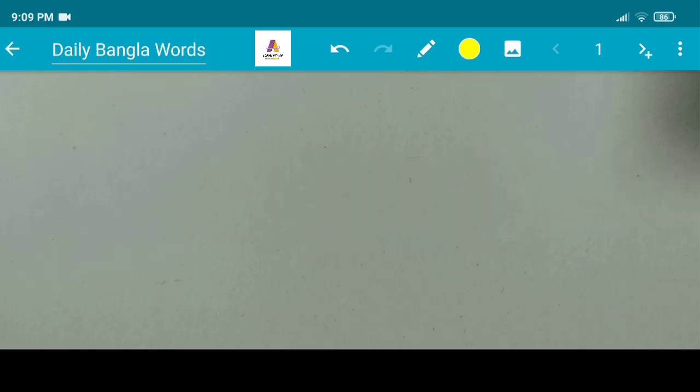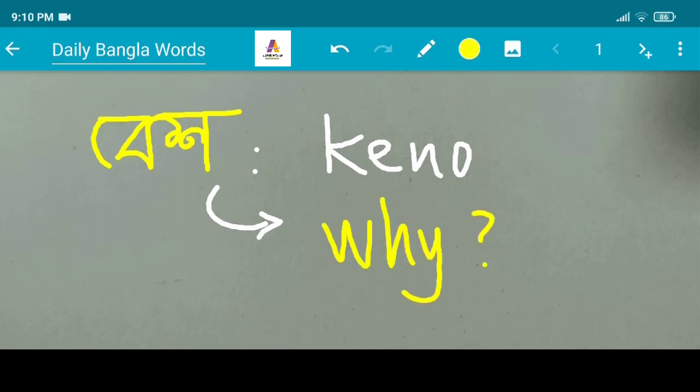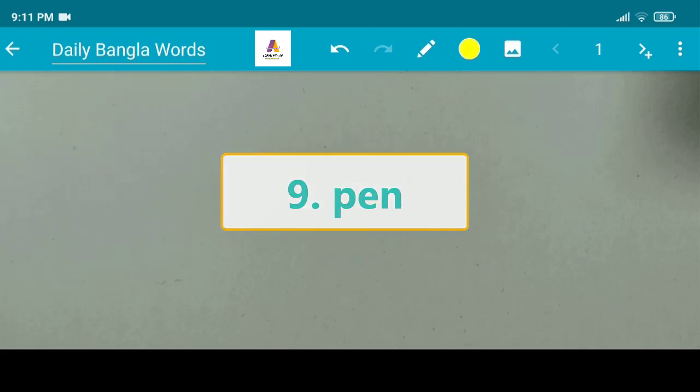How to write it? This means why in English. Now let's move to another word.